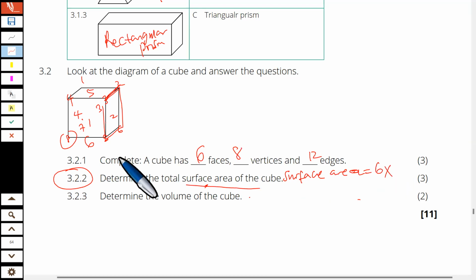Six times the area. The area is side squared.